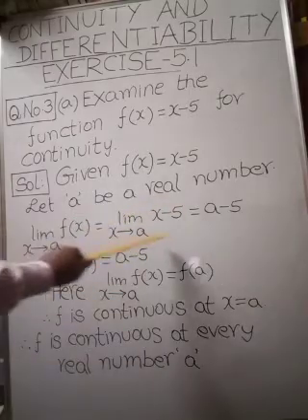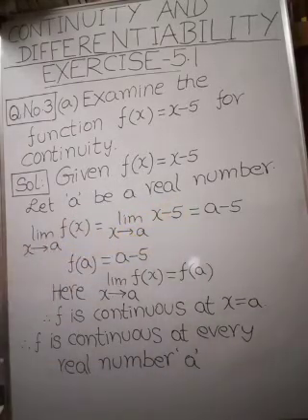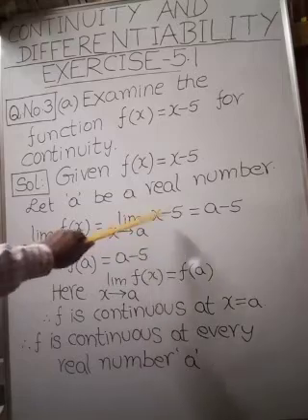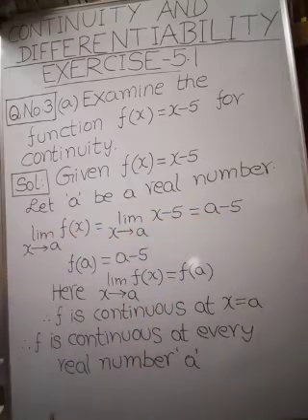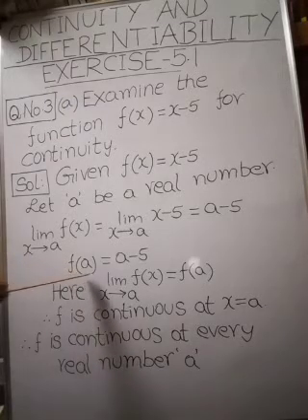Now we have to find the limit of this function at x is equal to a. So substitution method. In the place of x, substitute a. So what do you get here? a minus 5. This is the limit of that function at x is equal to a. Now we have to find the function value at a. So f of a, we have to find f of a.